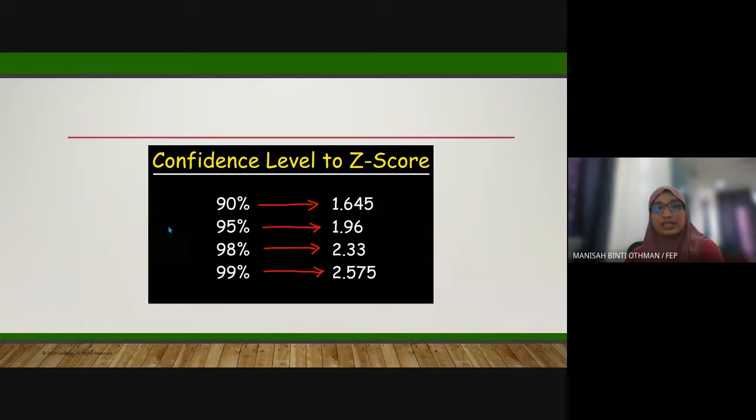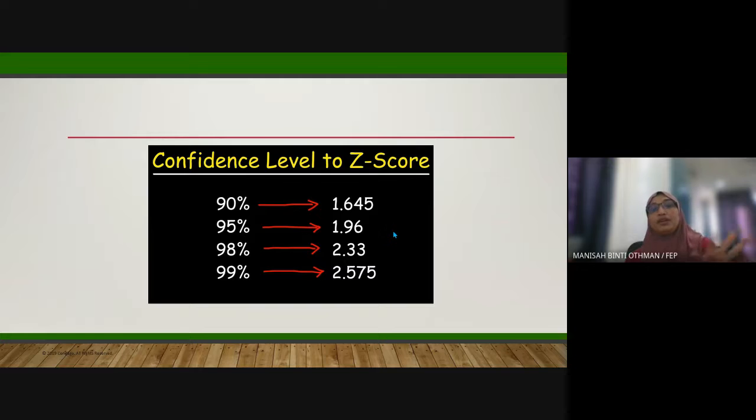You can refer to the table, or if you can remember these values, especially for intervals, you don't waste your time referring to the table. If the confidence level is 90%, the Z score is 1.645.